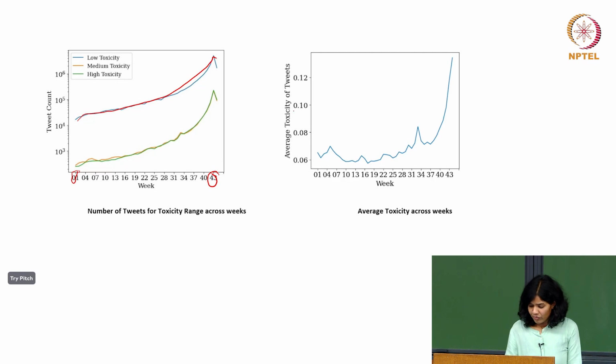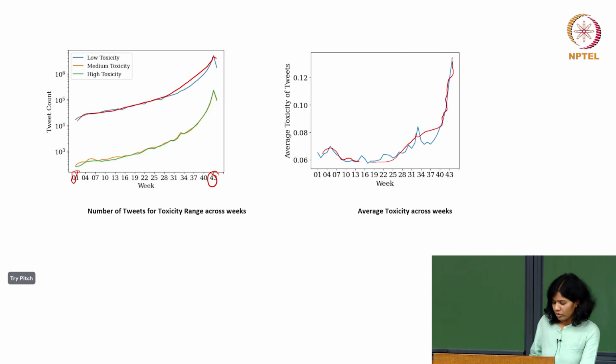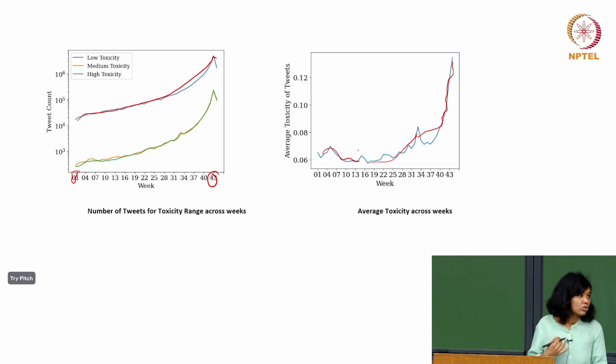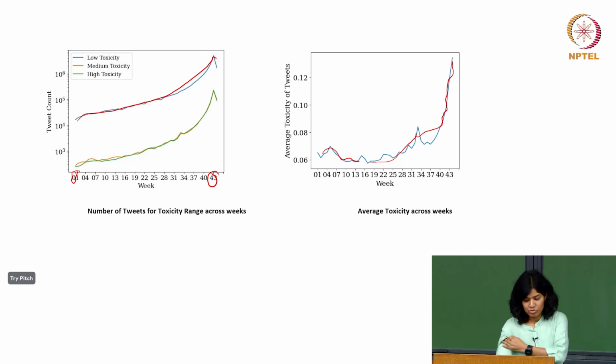If we take the average toxicity of all the tweets per week, initially there's some fluctuation, but in general it goes up, and then there is a sudden increase. So this again shows that in this data especially, the toxicity is going up with time. So we know there's a certain trend now.